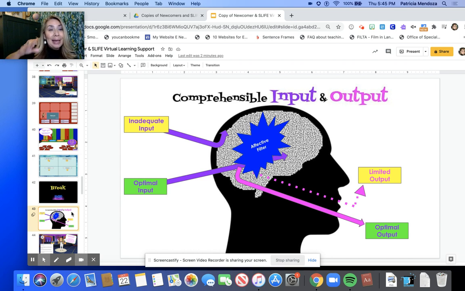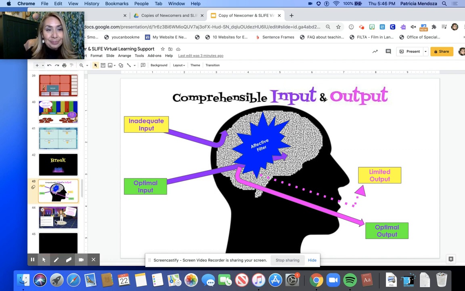We want them to be at a place where they can be successful and feel that they are empowered with words that we can use, manipulatives that we can share, and how we learn best. There are different ways that a student can show their learning. So get ready. I'm going to go ahead and provide for you some comprehensible input, whether it's inadequate or optimal. So here we go. First one.